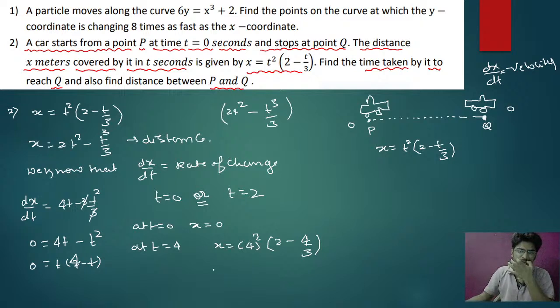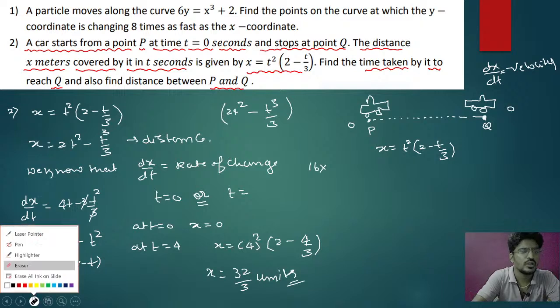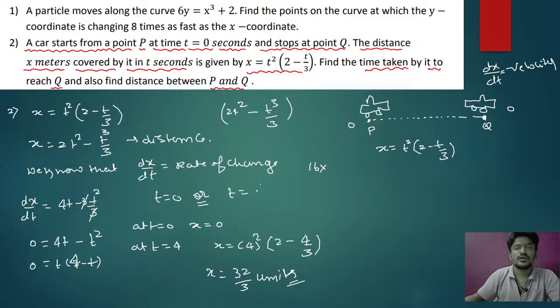So that is x equal to 4 square is 16 into 3 into 2 is 6, 6 minus 4 is 2, 16 into 2 is 32 by 3 units. Sorry for that. I have done some small mistake. But you can take care of it. No problem. t equal to 0 and t equal to 4. Okay. Sometimes it happens, no problem.